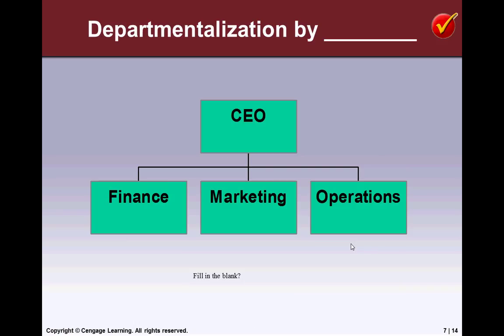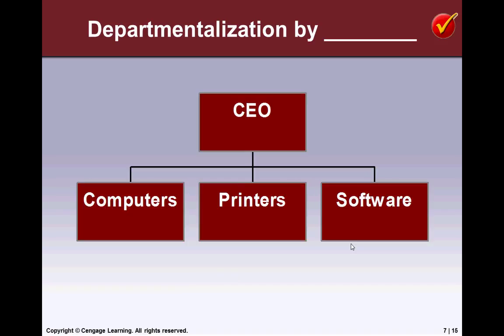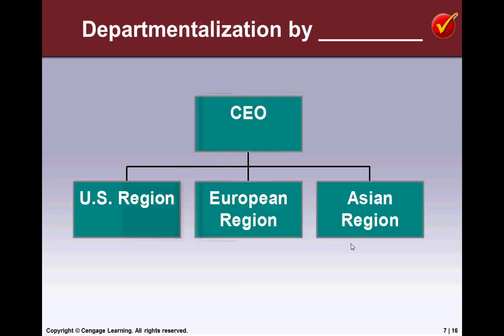If you said by function, you would be correct. Let's look at this one. Okay, here if you said by product, you'd be correct. Here if you said by location, you'd be correct.